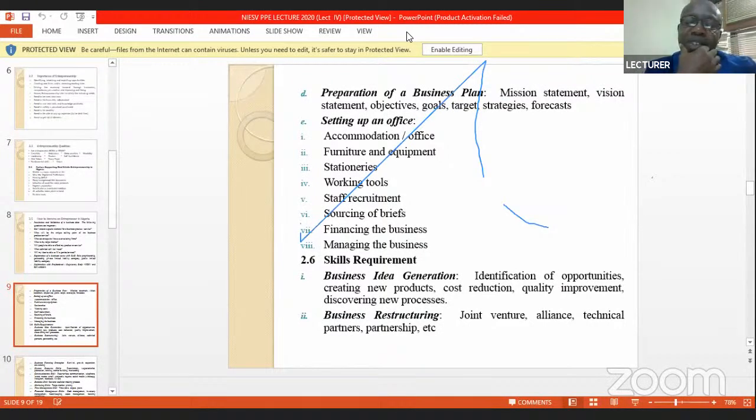And that means joint venture when it is necessary. Go into alliance with other organizations if it is necessary. Come up with technical partners. Find partners in your business. These will help you to restructure the business and revitalize it.